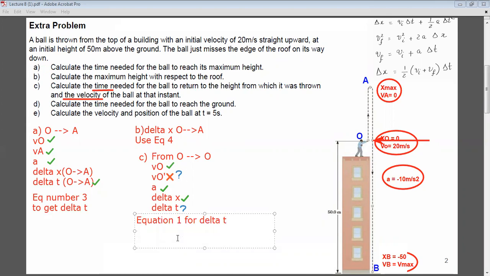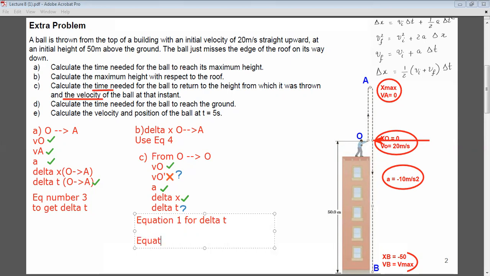And then I want to get the velocity. After I get delta T, I want to get V final. Notice that now I can use, for example, the second equation, because I have the initial, the acceleration, and delta X. Or I can use the third equation, because I have just calculated delta T. I can also use the fourth equation, by the way.